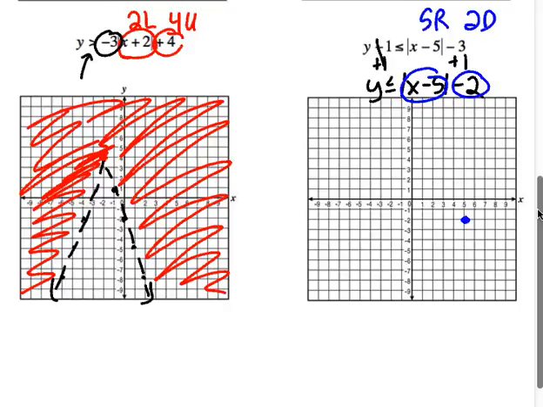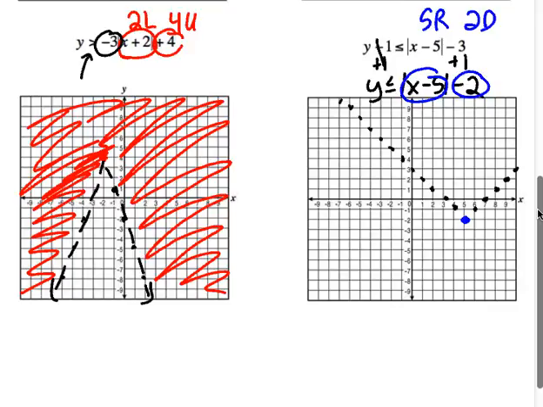That's going to help me find my vertex, okay? 5 to the right, 2 down. Now there's no stretching, so it's really just doing the normal up 1 over 1, up 1 over 1, then the exact same in the opposite direction, because that is how we get our V shape.